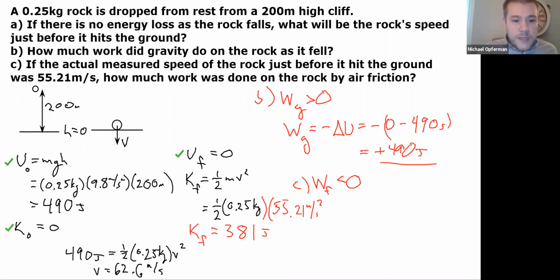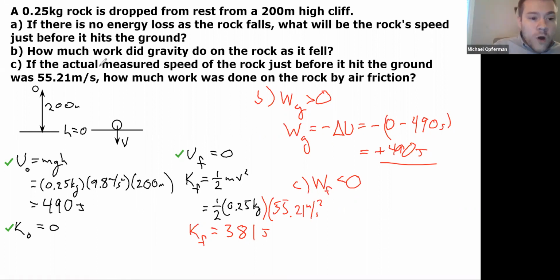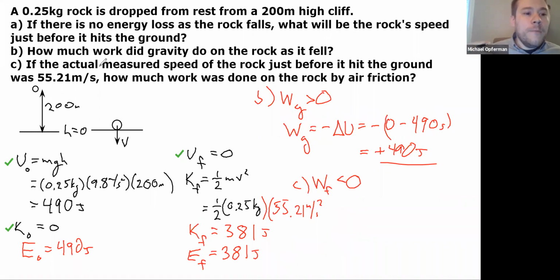Okay, now, this last calculation is not valid anymore because I can't use conservation of energy directly on this anymore, because I have to take the work done by friction into account. So what I'll note here is that the total initial energy is 490, and the total final energy is 381. Now, the work done by friction is basically an external effect, which is not being taken into account in this process already.